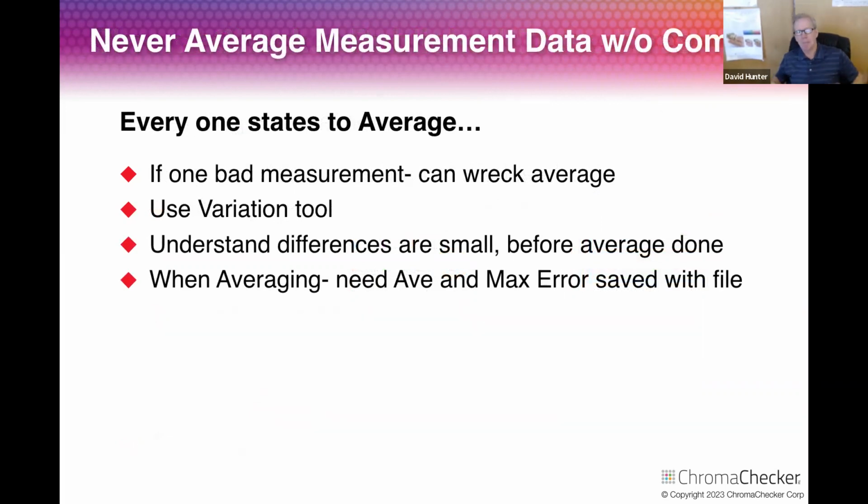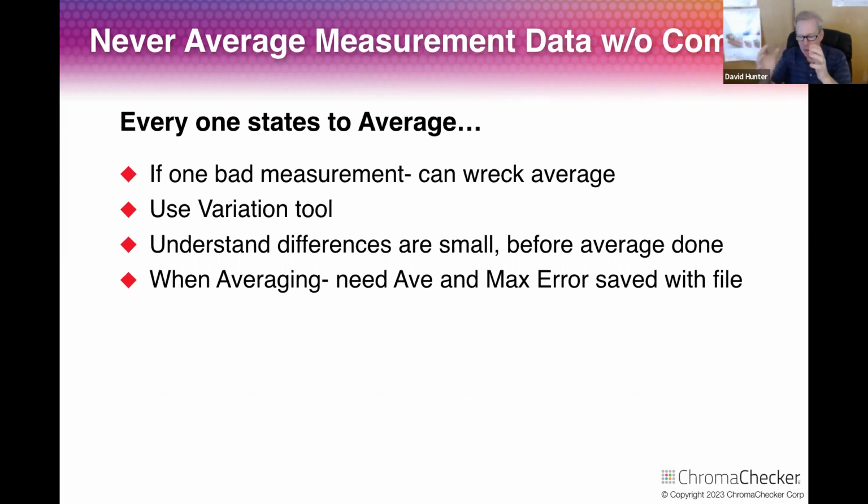And I want to mention here, people often say, well, yeah, every printer is different, or there's color differences, but you should always average your data. And what I'll say to that is, no, you should check your data first and make sure all the data is relevant to one another, and calculate what the peak delta E is and the average delta E is before you average the data.